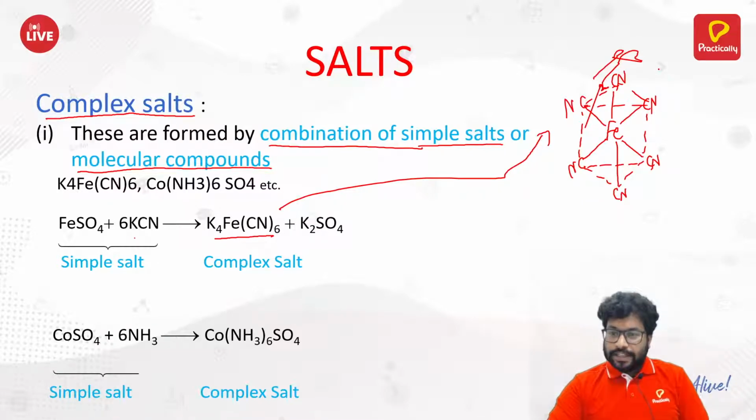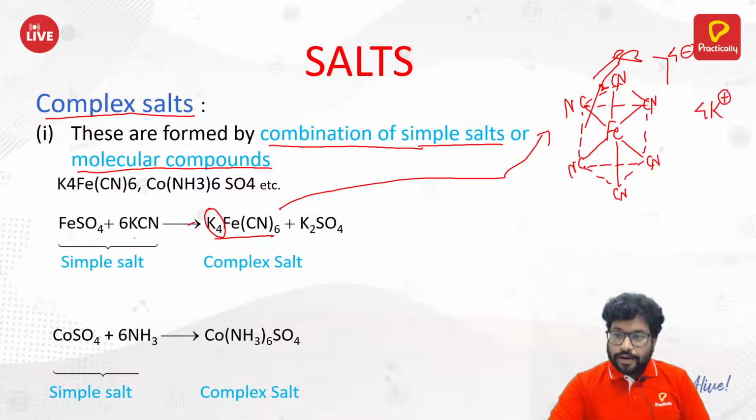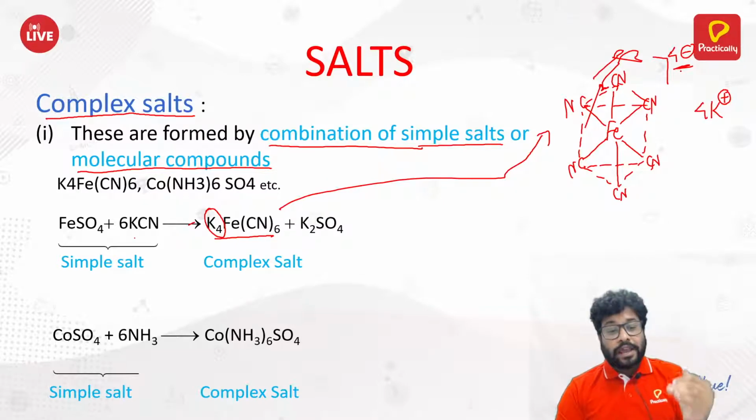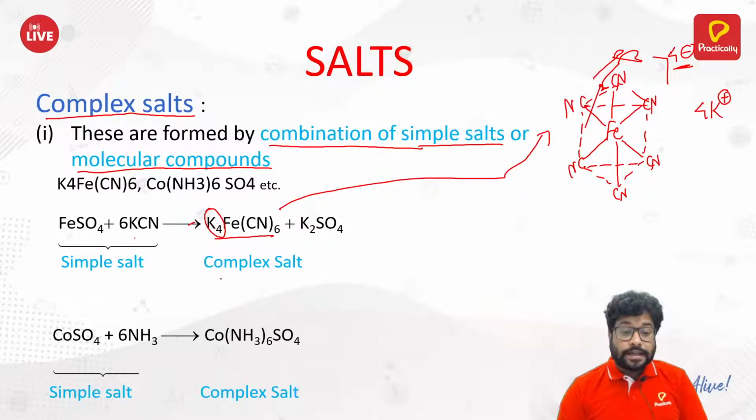So that is Fe(CN)6. Your iron complex overall has a charge of minus 4. That minus 4 is counterbalanced by K4. So you have 4K plus there, and 4 minus here. That is how you form K4[Fe(CN)6], a complex salt.